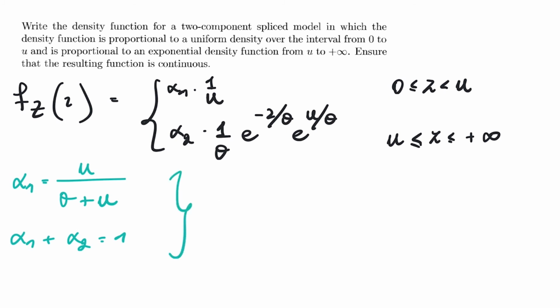From this we then see that alpha 2 is equal to theta divided by theta plus u.